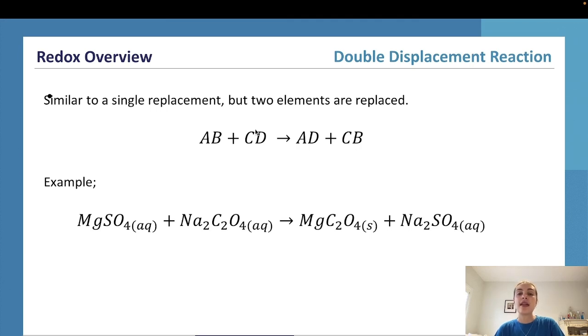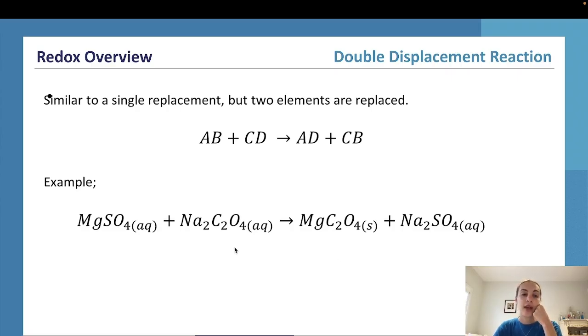We can see that there's this double switch over between these existing compounds to then form these new compounds. An example which we have here is magnesium sulfate plus sodium bicarbonate makes magnesium bicarbonate and sodium sulfate.